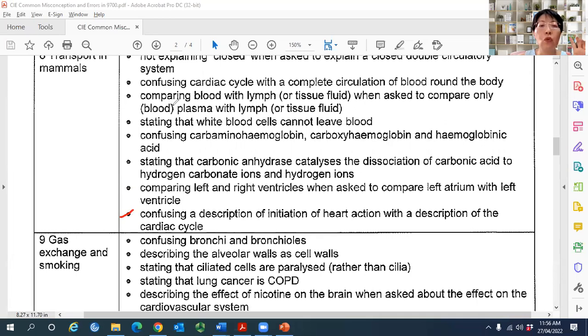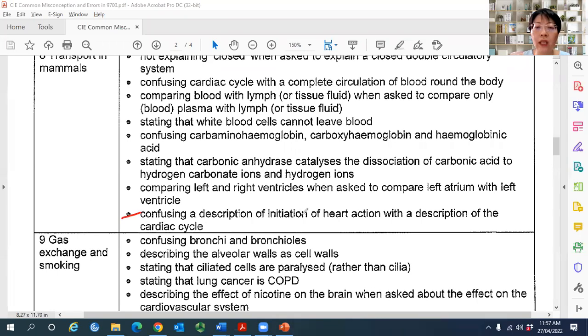This is how you write minimum and score maximum in the exam. Write minimum, score maximum is your principle. How to write maximum? Just give what they want. Don't write things that they don't want. If you don't know how to answer, you don't know what the question wants, go and answer other questions. Don't write a lot of things and after that the whole paragraph gets no marks, wasting time only. Go and answer other questions.